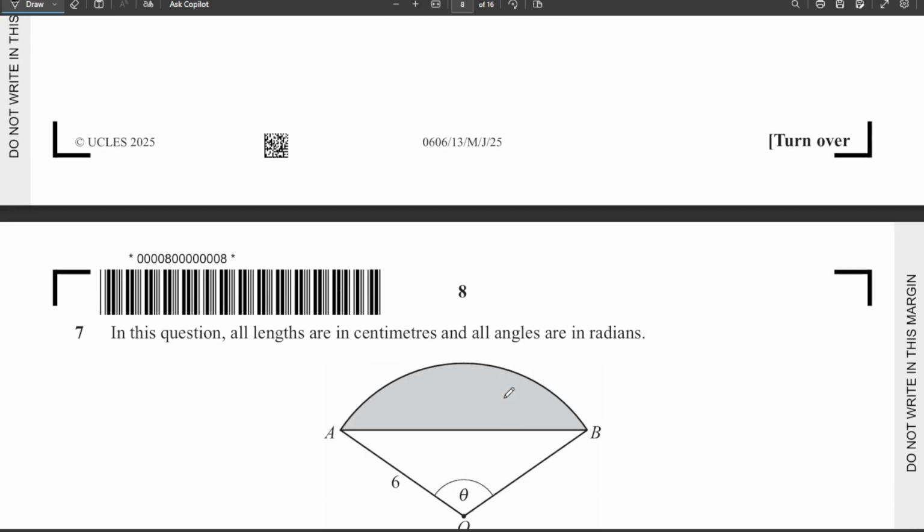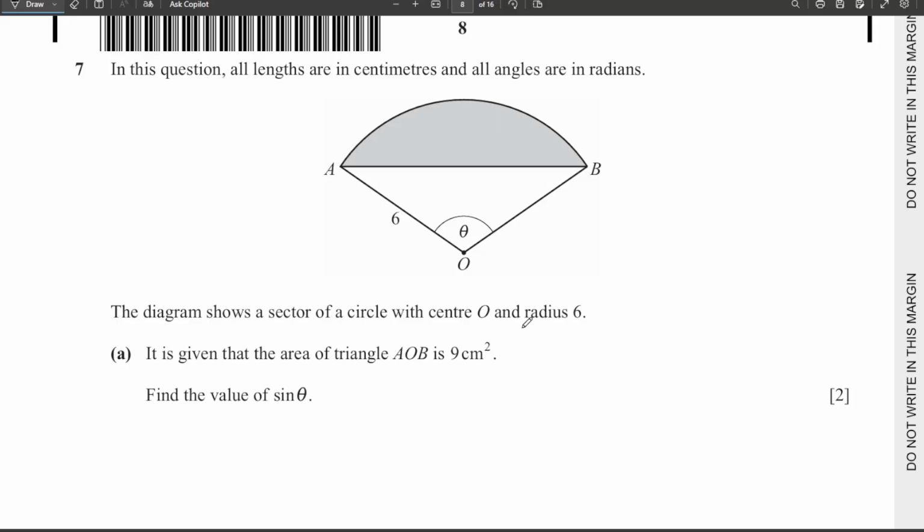Right, next. In this question, all lengths are in centimeters, all angles are in radians. Given that the area of AOB, okay, so this triangle only, is 9 cm squared. Find the value of sine theta. It's convenient that they give us the area of the triangle so that we can directly use this formula. Half AB sine theta equals the area of the triangle.